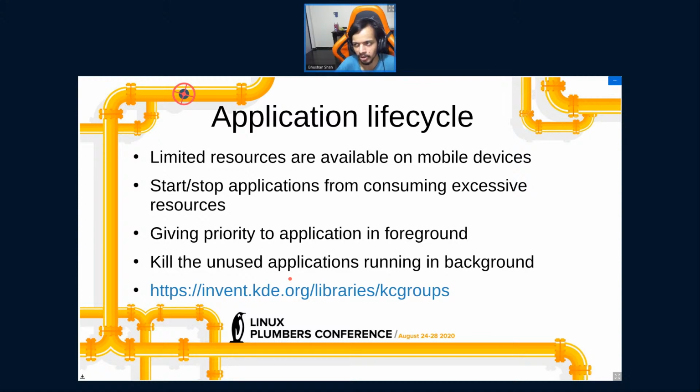At this point, this is more theoretical. All the infrastructure is there, but we have not integrated it fully for Plasma Mobile. But this is something we want to work on in the future.